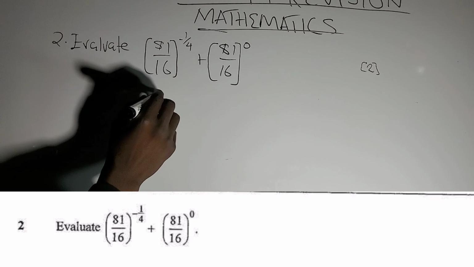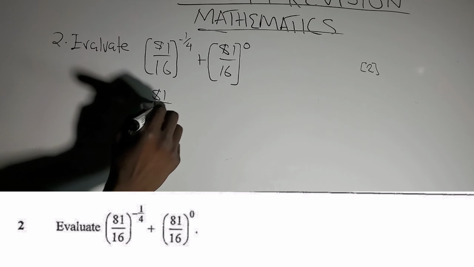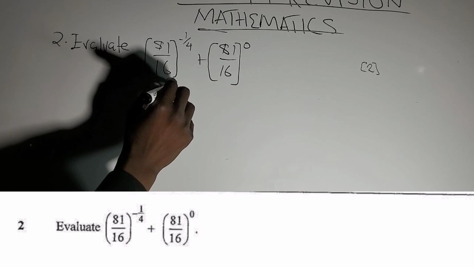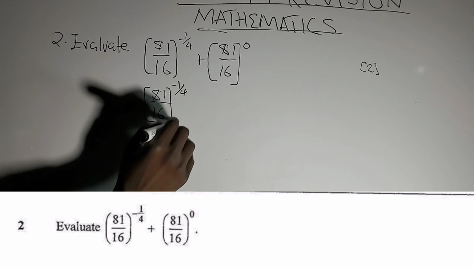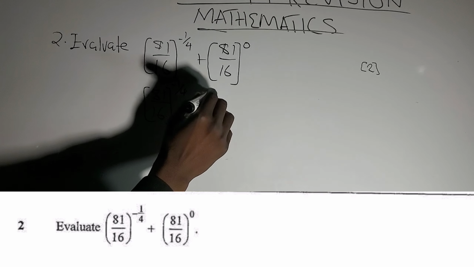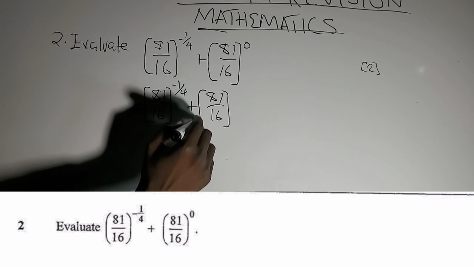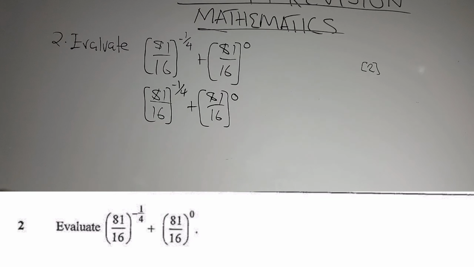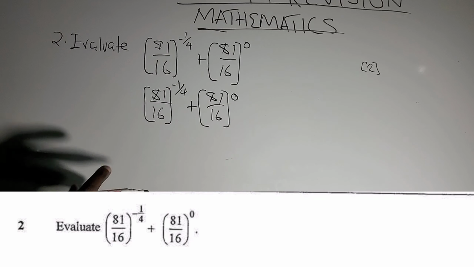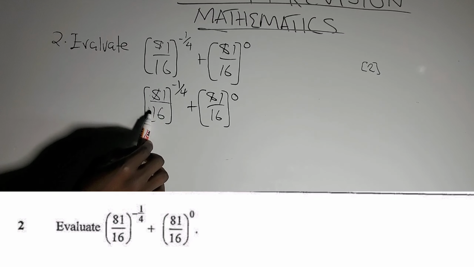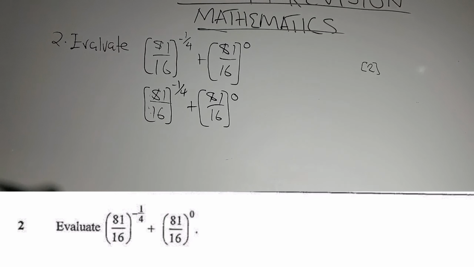So let's just copy the expression here, negative 1 over 4 plus 81 over 16 to the power 0. So remember, inside here, the base is a fraction and the power is negative and also a fraction.